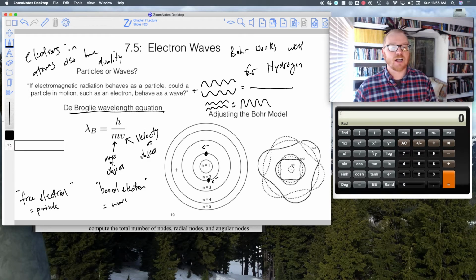Now, in this discussion, we've been talking about electrons. And if we were to use the de Broglie wavelength equation, we would use the mass of an electron, and we'd have to know what its velocity is. And that would actually give us the apparent wavelength, so the distance from peak to peak, or the distance from trough to trough, right? That would give us the apparent wavelength of an electron.